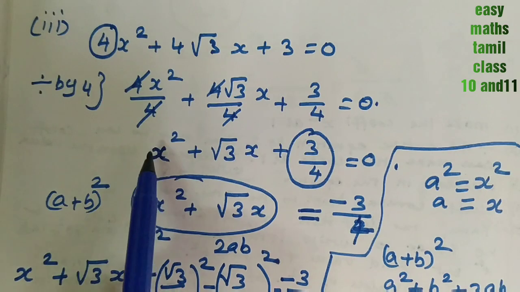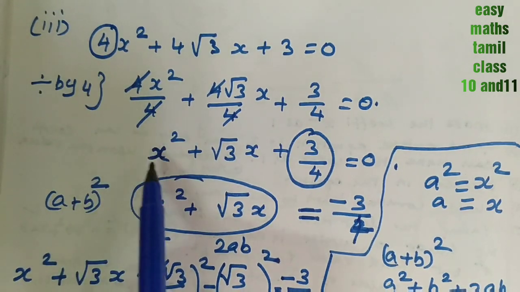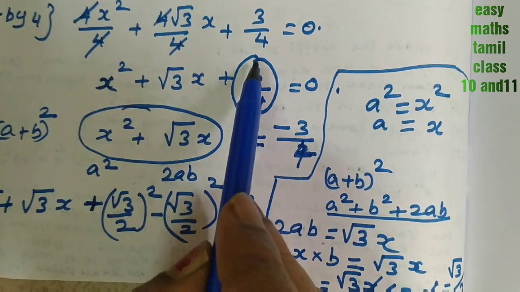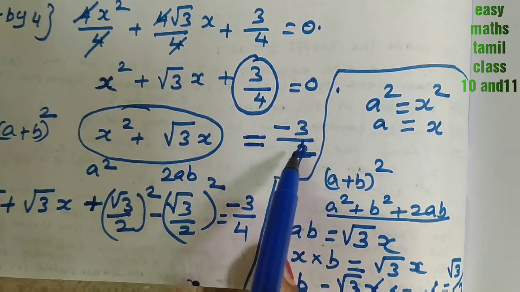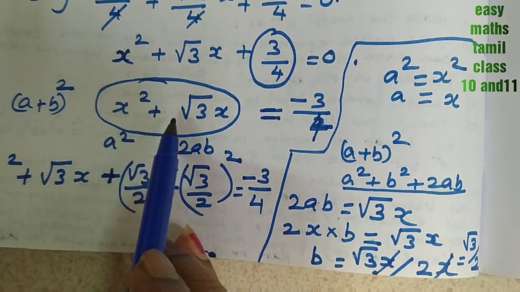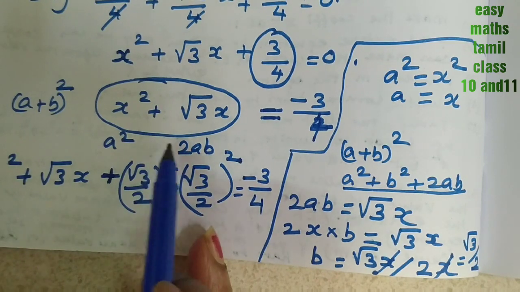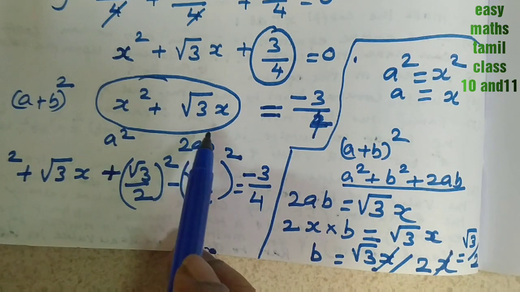First we have to change the coefficient value of x square. After changing the coefficient value, we have to shift this plus 3 by 4 to the other side of this equation. This will become minus 3 by 4. The left side term is x square plus root 3x. This is in the form of a plus b the whole square. But a square is there, 2ab is there.